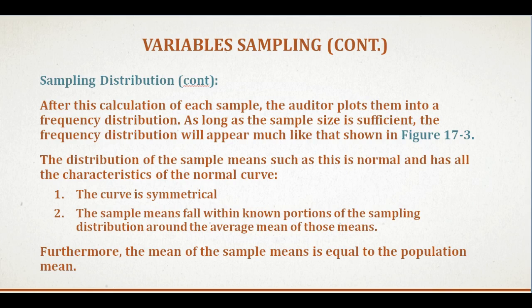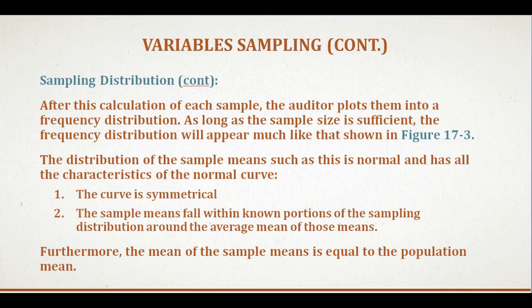After this calculation of each sample, the auditor plots them into a frequency distribution. As long as the sample size is sufficient, the frequency distribution will appear much like that shown in Figure 17-3 on page 584 of your textbook.